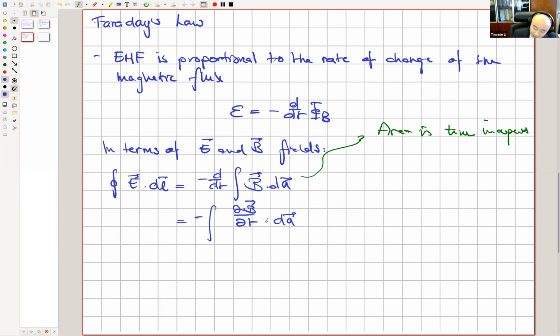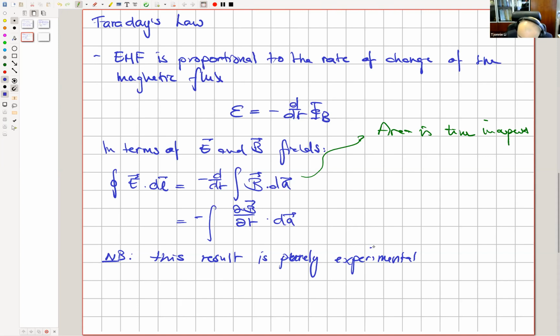Now I have this, and I want to stress this. This result is purely experimental. In particular, the fact that the EMF is proportional to the rate of change of magnetic flux, that part is completely experimental.